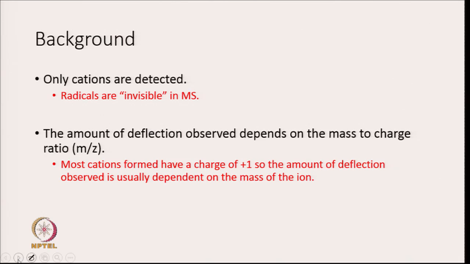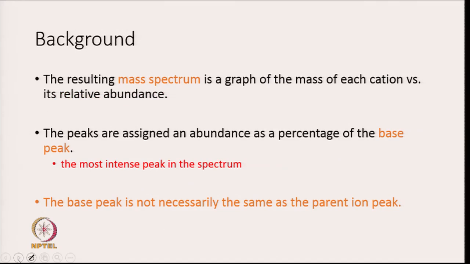The resulting mass spectrum is a graph of the mass of each cation versus its relative abundance. So, basically you are plotting relative abundance versus the mass of each cation.